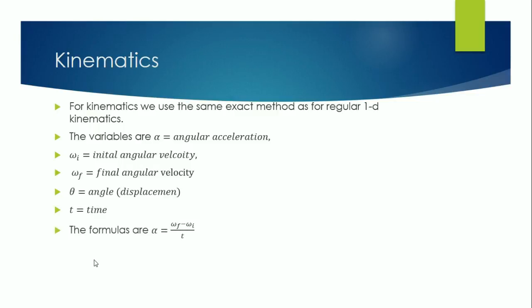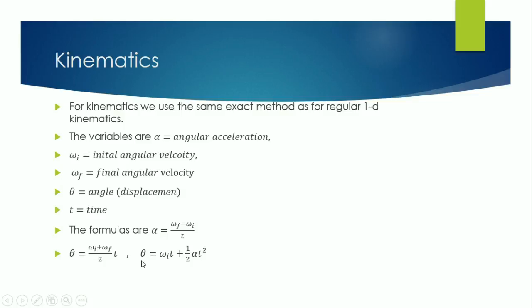And so the formulas are, just like in kinematics, there's average acceleration. So final velocity minus initial velocity over time. So final angular velocity minus initial angular velocity over time equals angular acceleration. Then there's the one for theta. This is the average velocity equation. So initial angular velocity plus final angular velocity divided by 2, times t, equals displacement.